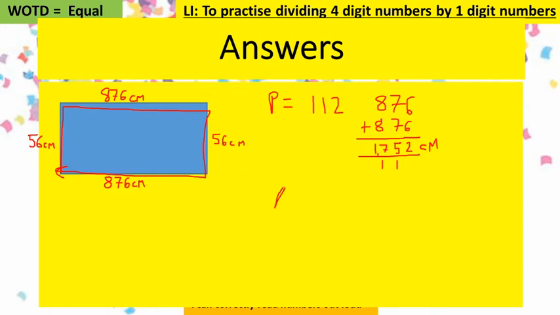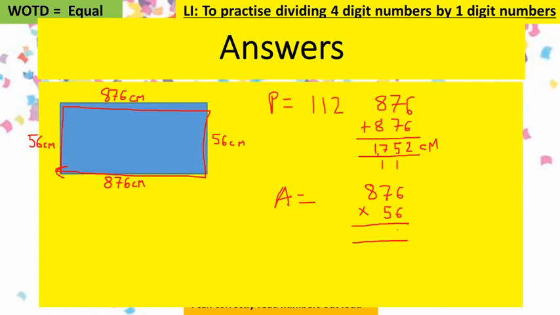If we're looking at area, we remember that we do width times length, or width times height. So we're going to be looking at our long multiplication. So we have 876 times 56. So we do our ones column first.